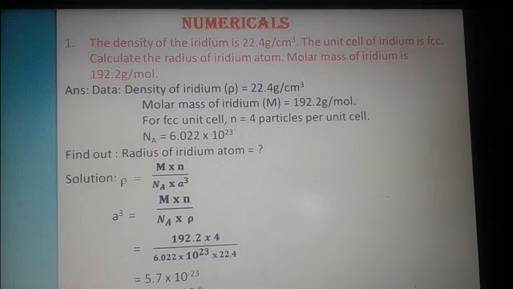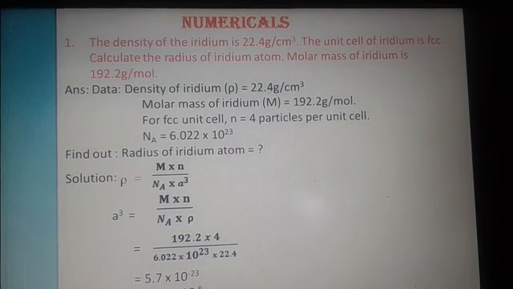And if we put in the values, we get the answer 136 picometer. Thus, the radius of iridium atom is 136 pm. For determination of the radius, we are using different formulas for different cells. Directly we cannot take half of the edge length as the radius. Do you understand?